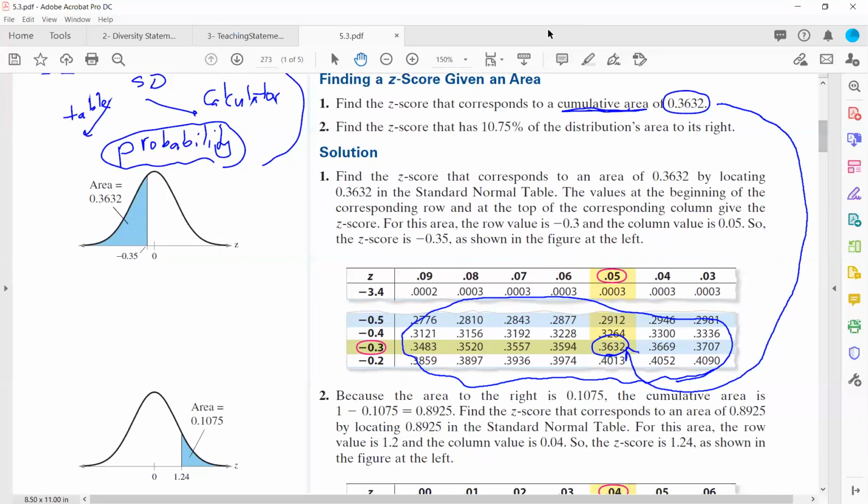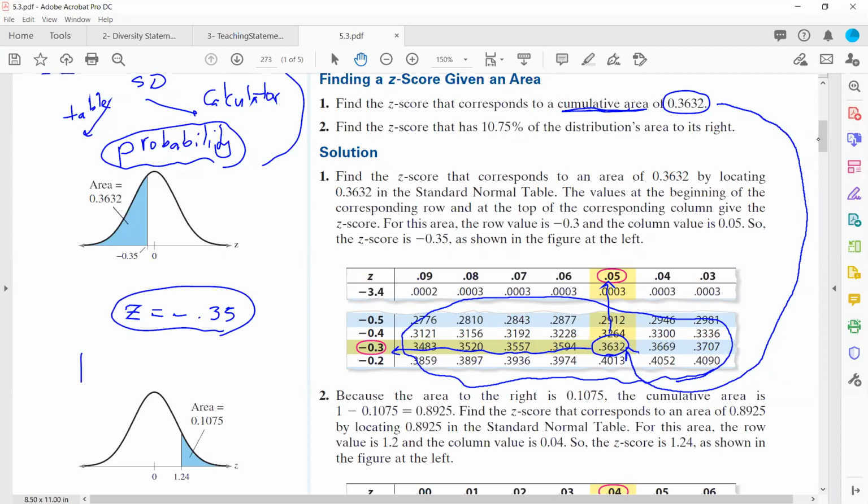Now our goal is to find the Z value. Remember that the Z value has some decimal numbers on the first column and on the first row. So the Z value that corresponds to 0.3632 is going to be negative 0.35. Z is negative 0.35.